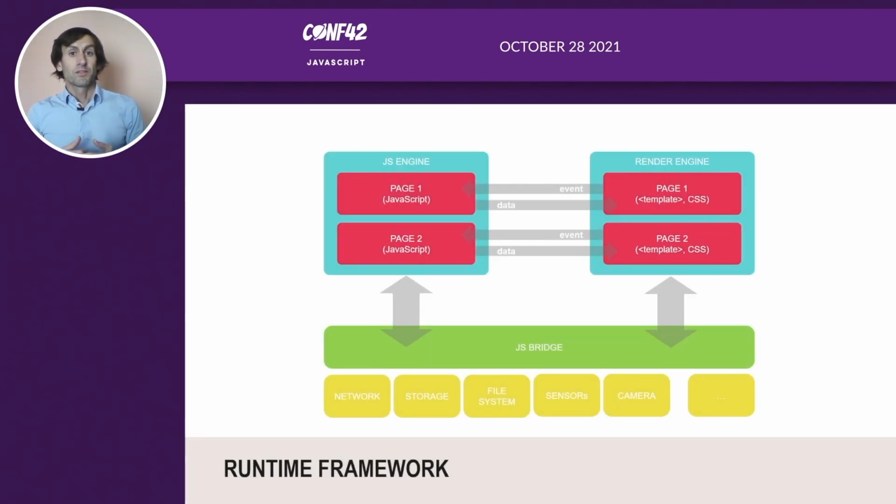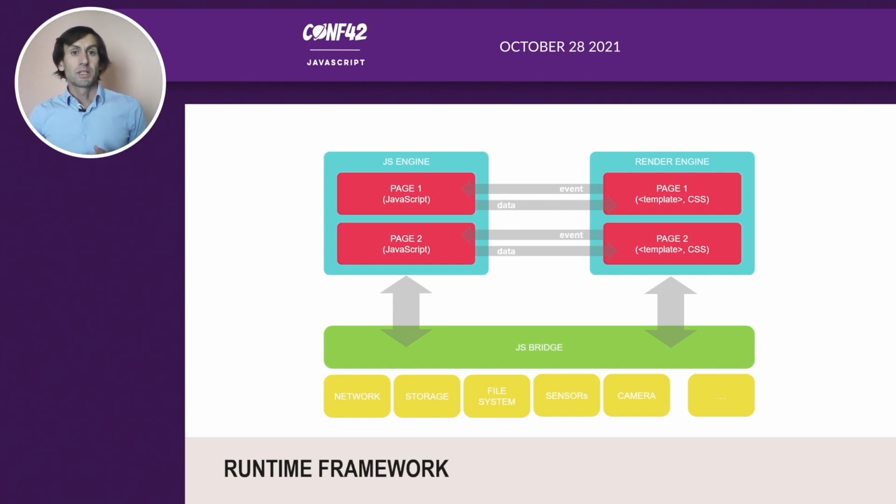The runtime platform: based on the previous architecture example, we see that the two main engines, the JavaScript engine and the rendering engine, are running in separate threads. So this is why we can have better performance than some of the other types of applications.